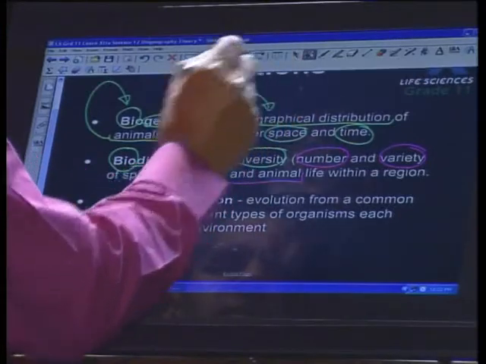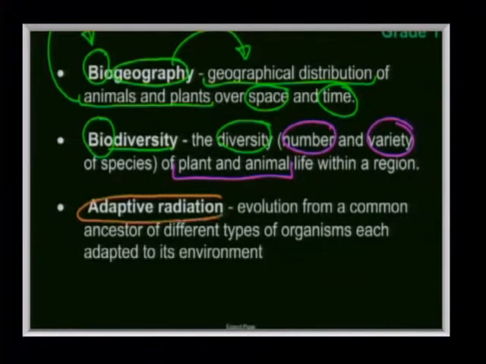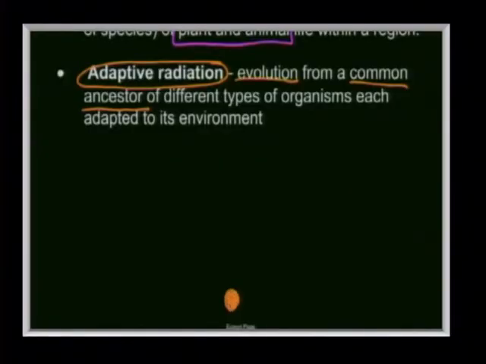This was mentioned previously, so I'll just briefly discuss it again. Adaptive radiation, quite simply, relates to evolution, and it relates to a common ancestor. And what happens is the different organisms then radiate. In other words, as I indicated previously, so there's your common ancestor, and now what happens is they move into different environments. So let's say this organism moves into water.